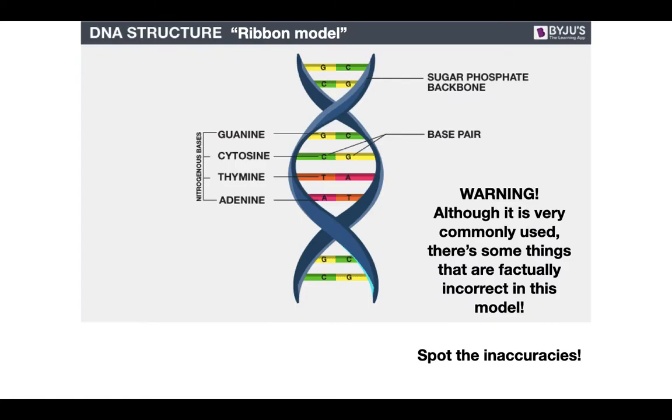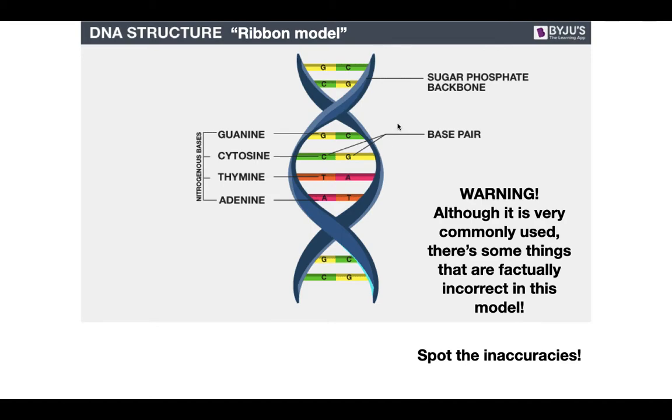Again, notice that here we have the one side going one direction and the other side going the other direction through the backbones. Now, I wanted to share this commonly used but really bad, factually incorrect model. They've accurately labeled guanine and cytosine and thymine and adenine, and they've accurately placed the guanines bonded with cytosines and the thymines bonded with adenines.